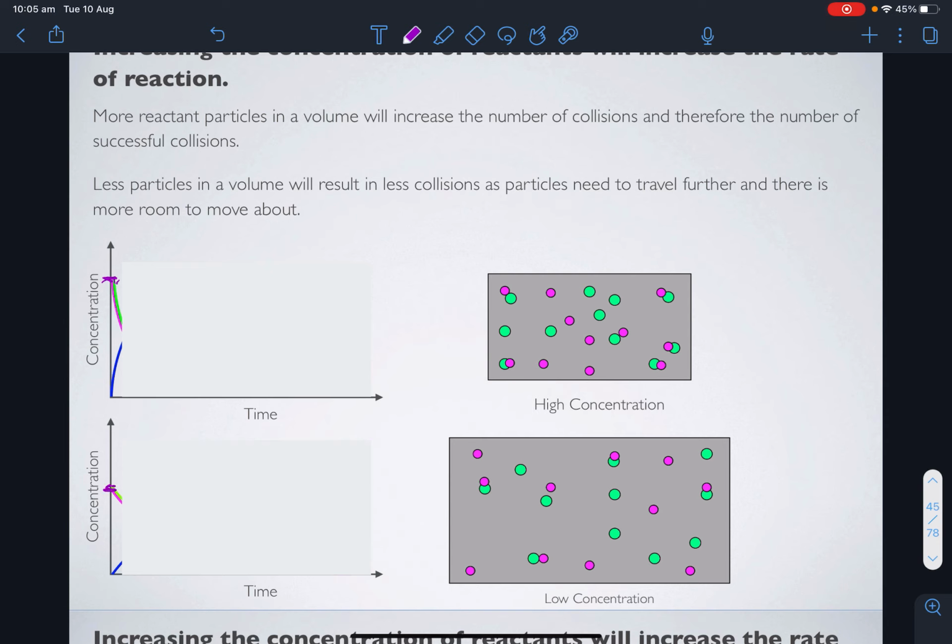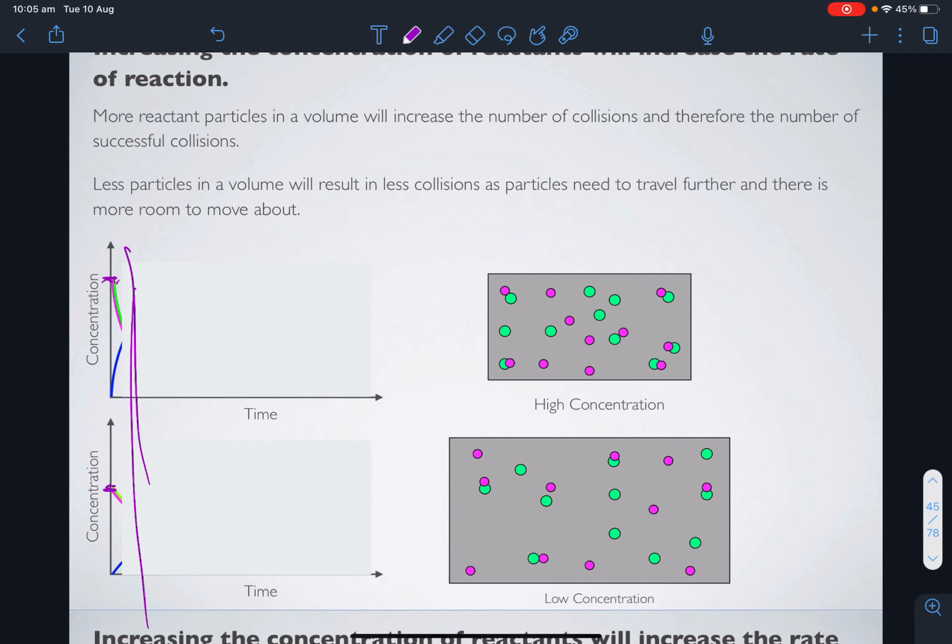The blue that I'm using to represent the products is fairly low. My first period of time has gone through, and you can see that in the higher concentration a lot of reactants have met each other to form products, whereas in the low concentration one less has found it. There's more space.